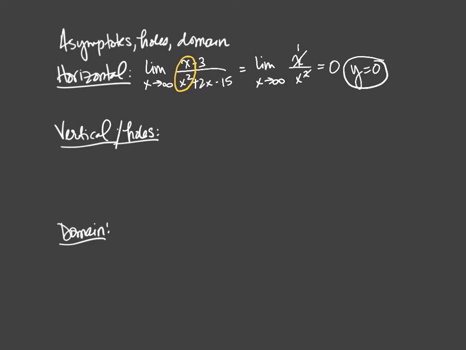Now for vertical asymptotes and holes, what we're going to do is factor and simplify, and note what ends up being factored out and simplified out, and then what remains. So x minus 3 cannot be factored. x squared plus 2x minus 15 can be factored.